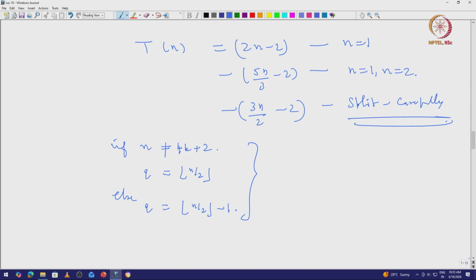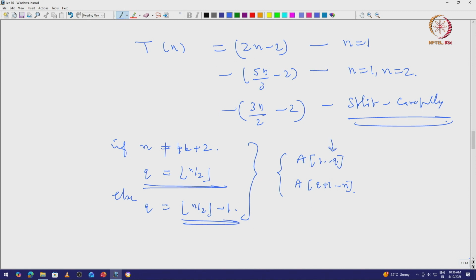So, now you are going to have two recursive calls. One recursive call is on A[1..q], another recursive call is on A[q+1..n]. You are going to make two calls. This is a split point. Earlier, q was always floor n by 2, but now if n is 4k plus 2, this is the split point.